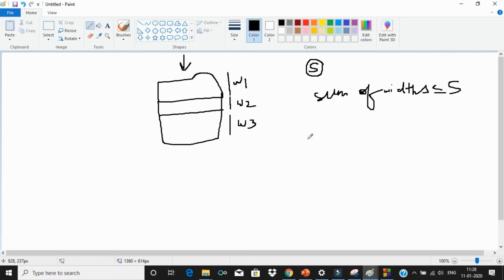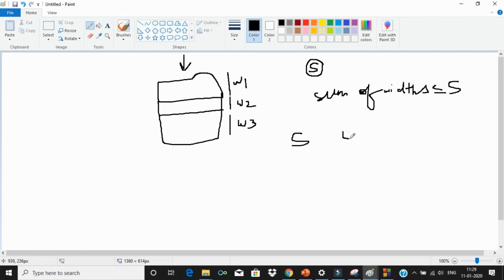Now we can also do reversals as per the question, but I want to tell you one thing clearly, that in this question there is no need of reversal. Let me tell you how. Let's say Ada's strength is capital S. What if she hits the stack of bricks from the top?